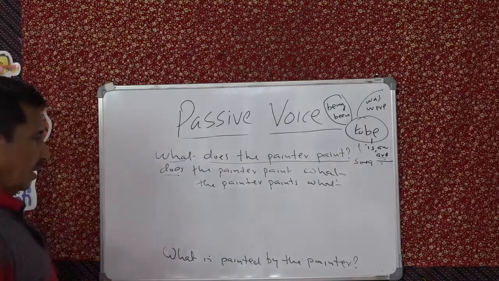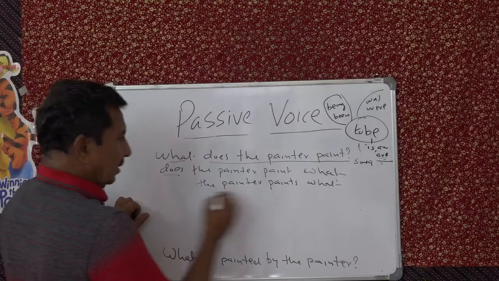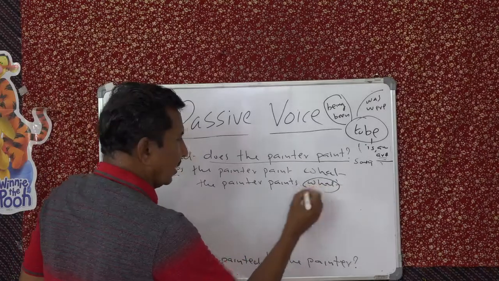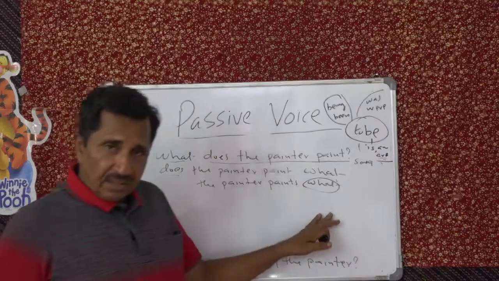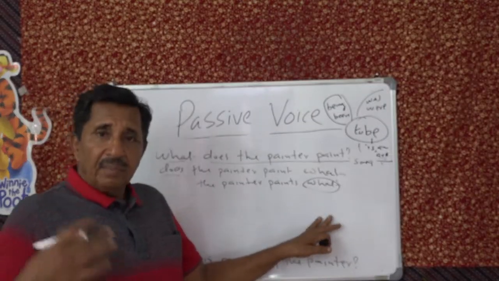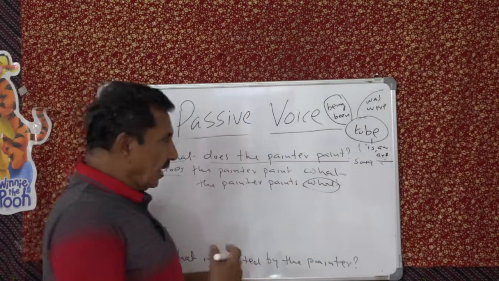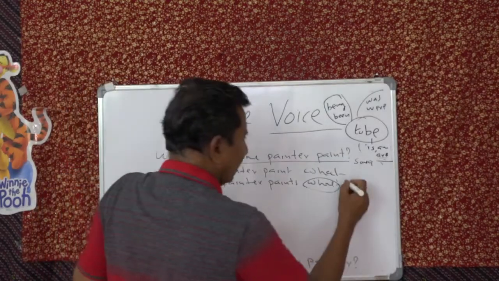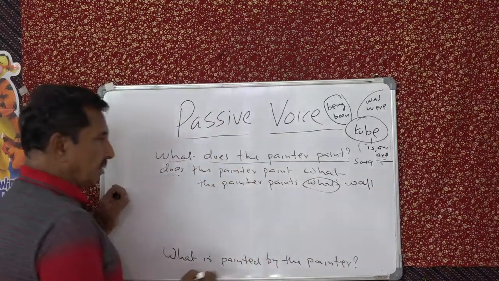Okay. Now what do you do? The painter, we can now supply a word there. We can write a pencil, a wall, a building, a football court, anything you can write. For the time being, let us say word. Instead of this word, you write word. Then what is the passive?